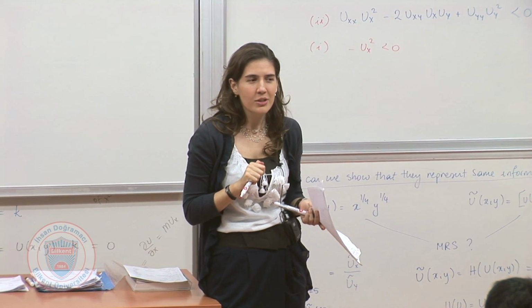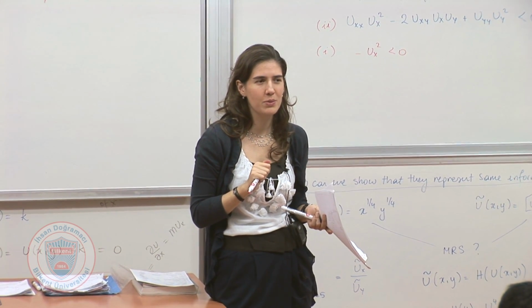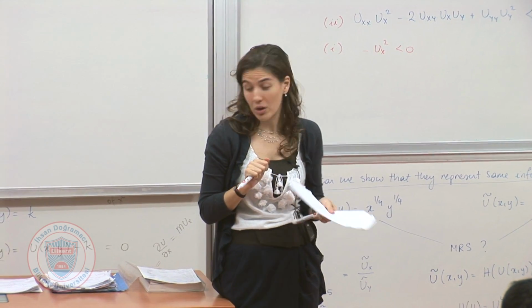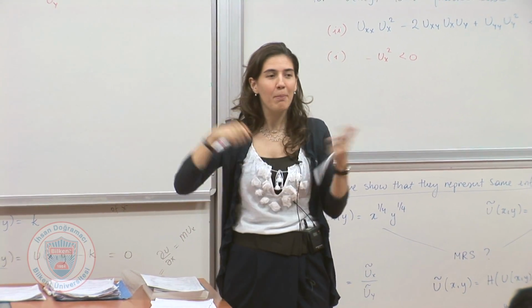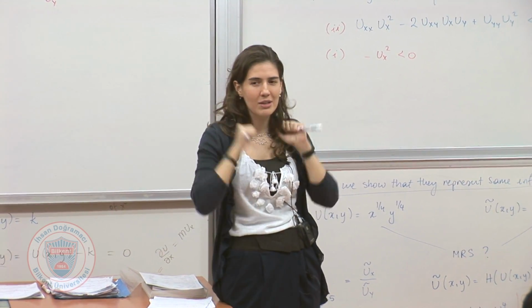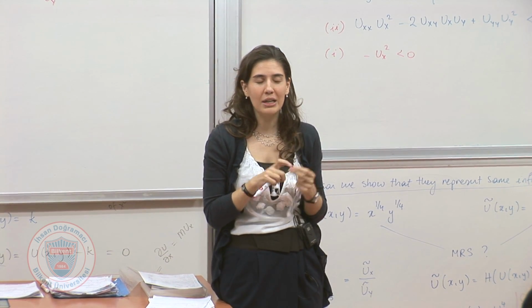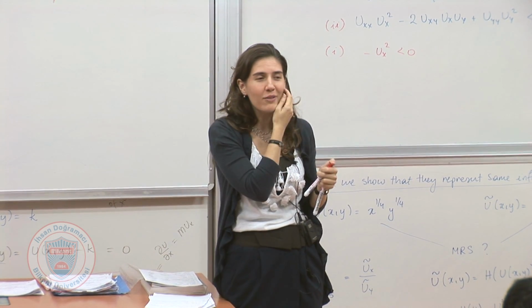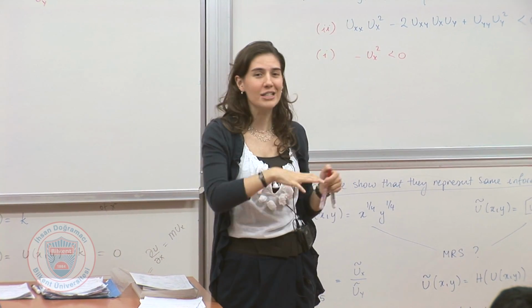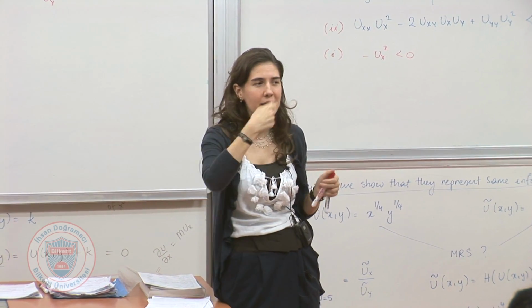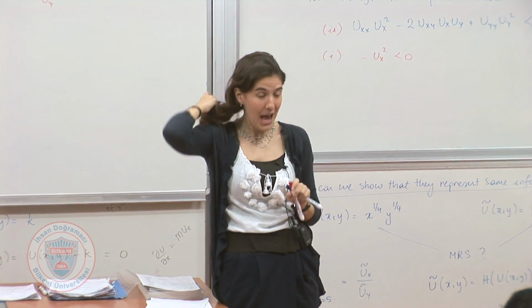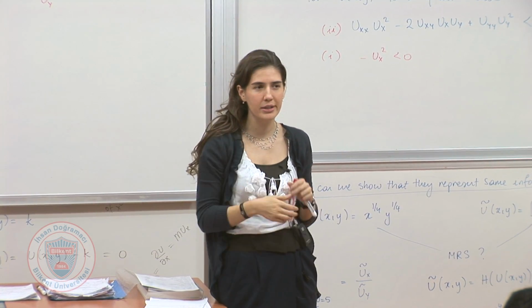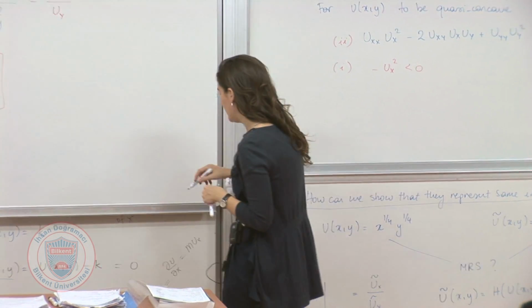But what else? This is what I do with my 101 students. I get a bunch of chocolates, okay? I invite some students on the stage, and I make them keep eating chocolate. As they keep on eating chocolate, what do you think is happening to this guy?